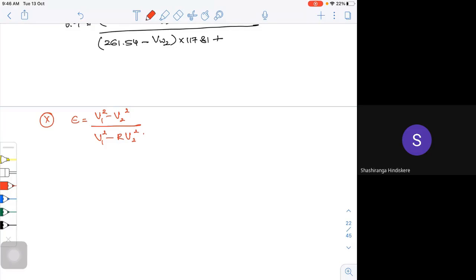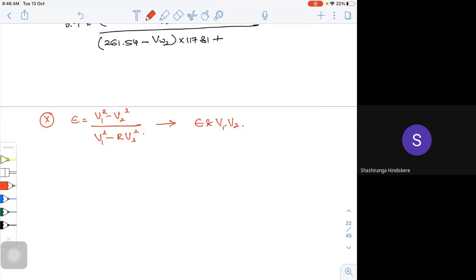This is a very general formula to find the relationship between epsilon and V1 and V2; we are not deriving it actually.